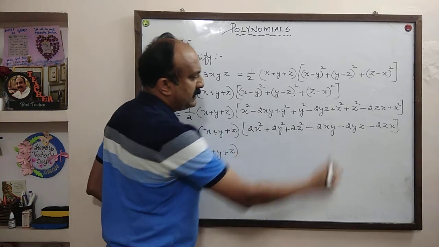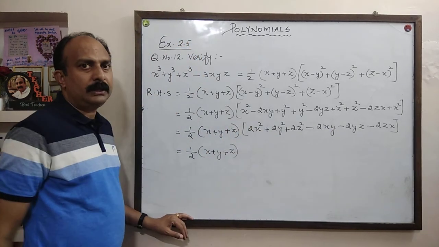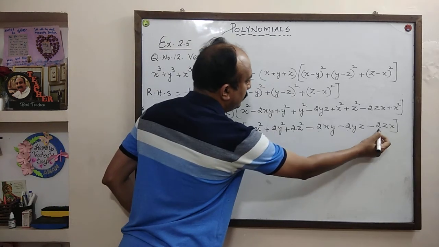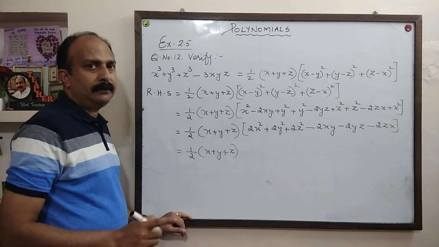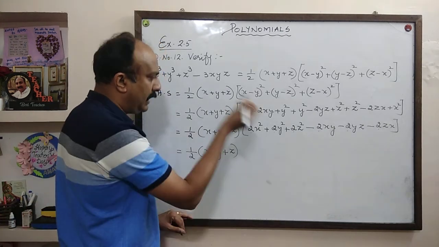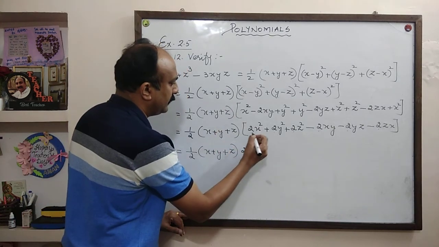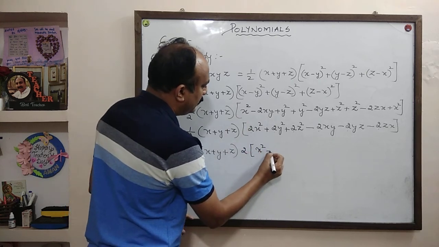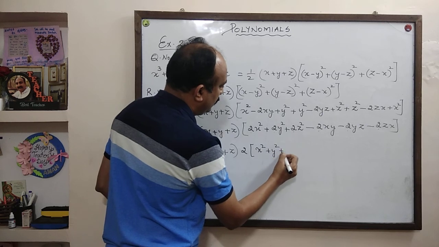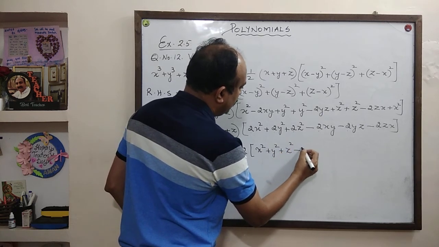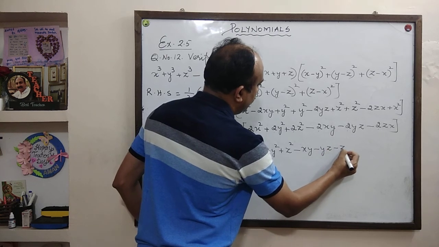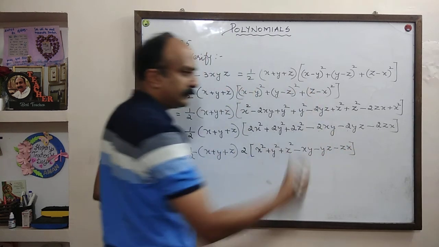Now if you look at this square bracket, you can see there is 2 common everywhere. In each term 2 is common. So I am taking that 2 common outside, 2 into, inside the bracket, x square plus y square plus z square minus xy minus yz minus zx.